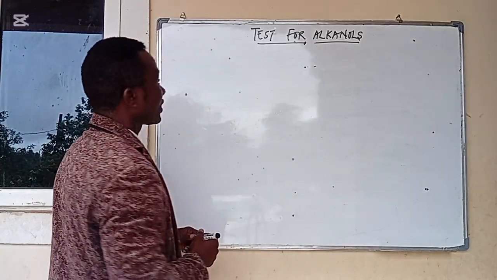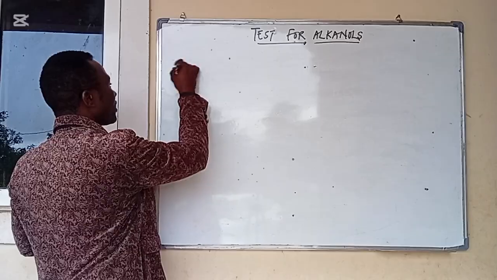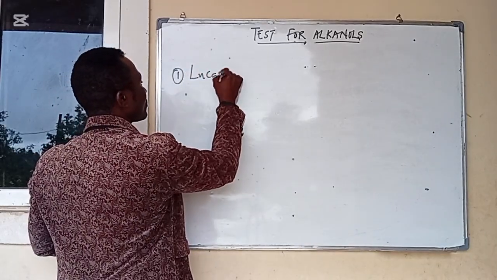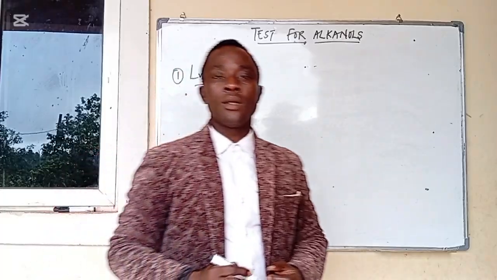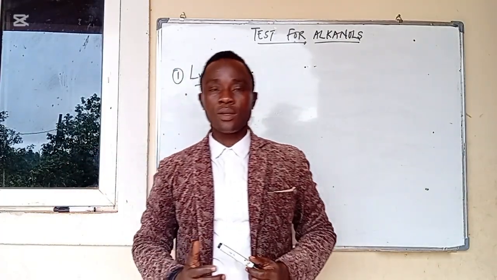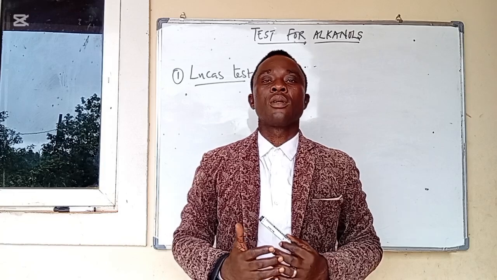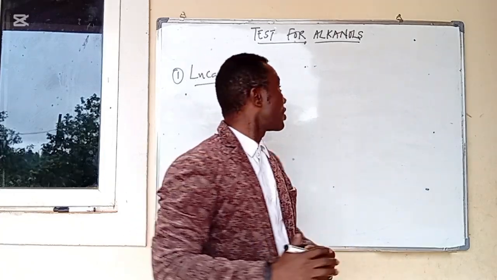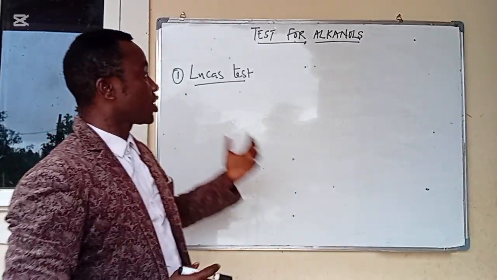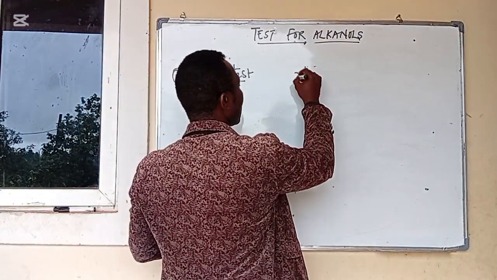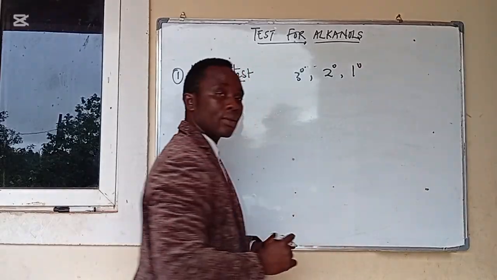Now we look at the different tests for alkanols. The first one is a Lucas test. Lucas is actually Professor Howard J. Lucas of California Institute of Technology. He devised a test to differentiate between tertiary, secondary, and primary alkanols.